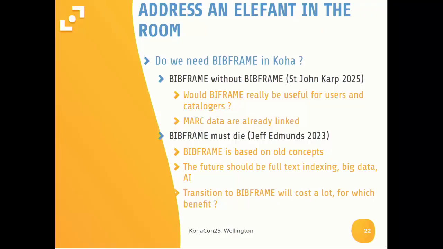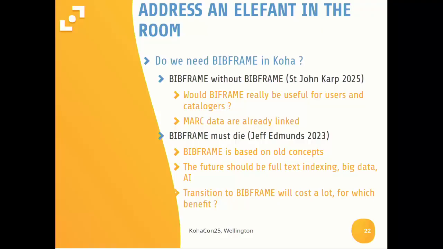Also, MARC data are, to a certain extent, already related, with the relator codes, for example, with the relationships between records. So, should we go further with the relations? And there is also an article, "BIBFRAME must die", explaining that BIBFRAME is based on old concepts.